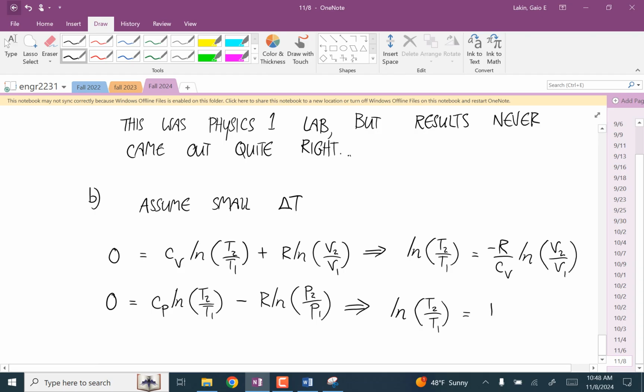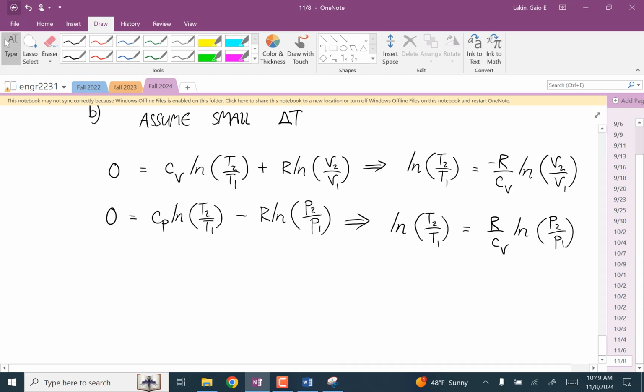So this is now equal to positive R over Cp times the natural log of P2 over P1. And now I'll set those two things equal. So we have R over Cp times the natural log of P2 over P1 is equal to negative R over Cv times the natural log of V2 over V1.